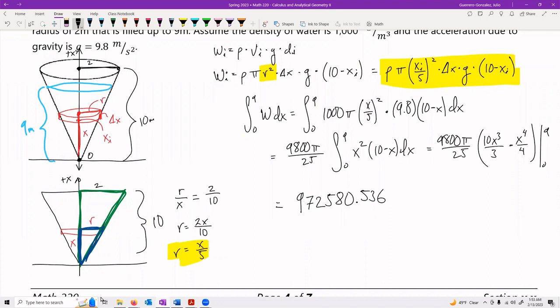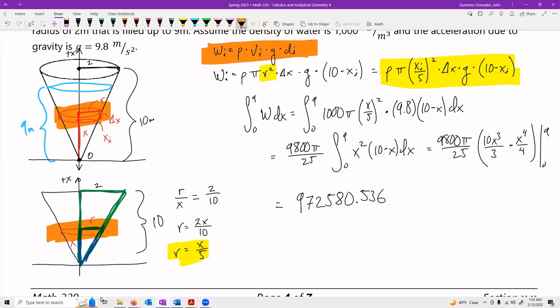Okay, let me run through the argument really quick. I needed to find the work for the ith disk. So I had to slap down an ith disk and find the expression for the work to remove that ith disk out of the tank. Then if I grab all of those wi's and add them all up, I should get the work for emptying out the entire tank.